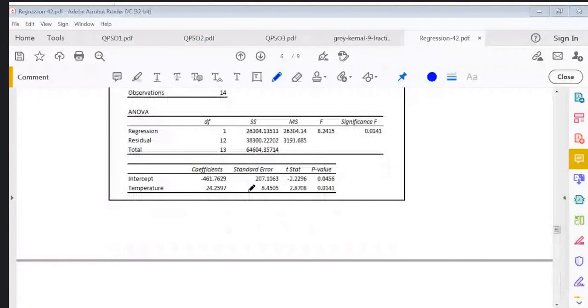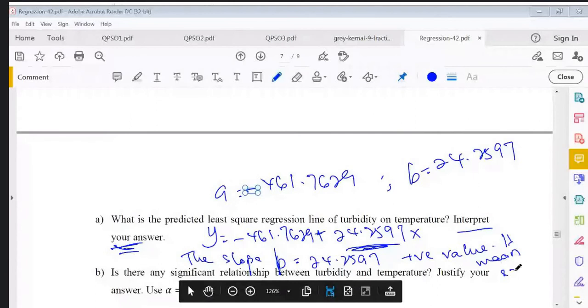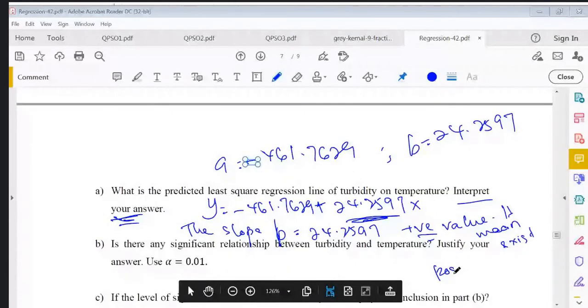When it is positive, you can put that there exists a positive relationship between turbidity and temperature. You can write it like this.